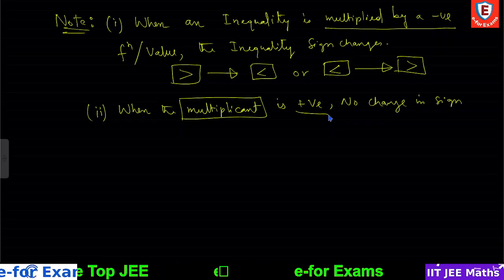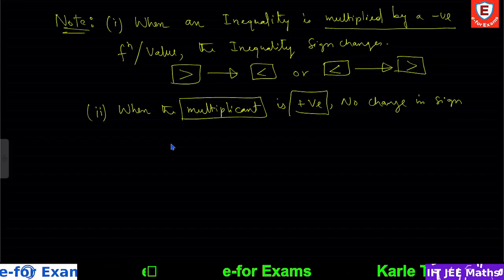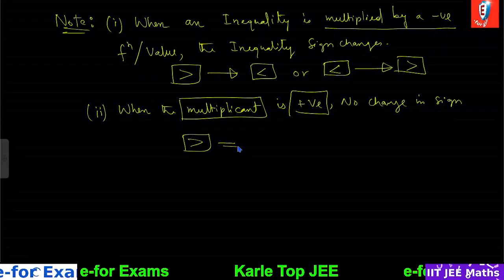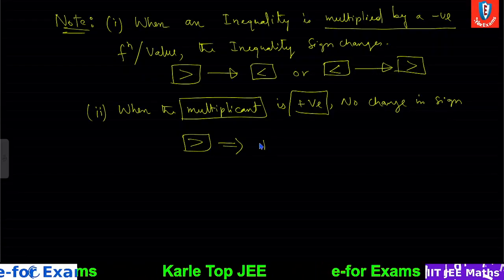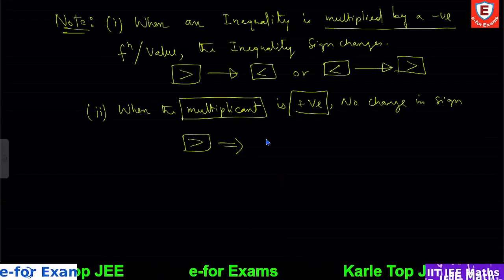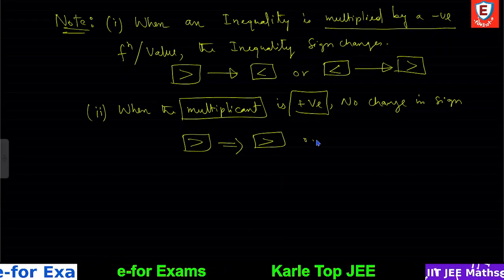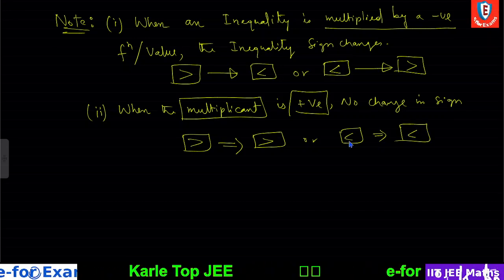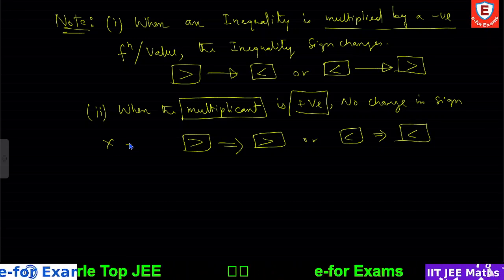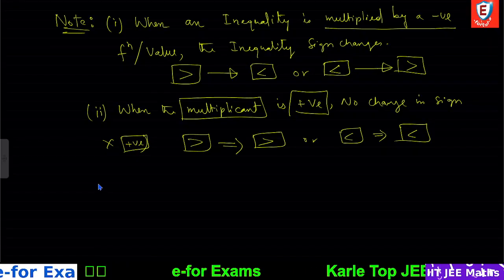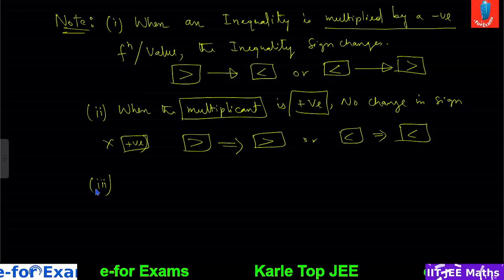If we multiply with a positive value, then the sign remains the same. This remains as this only, while multiplied by positive value. And point number 3, this should have been written in the 1.